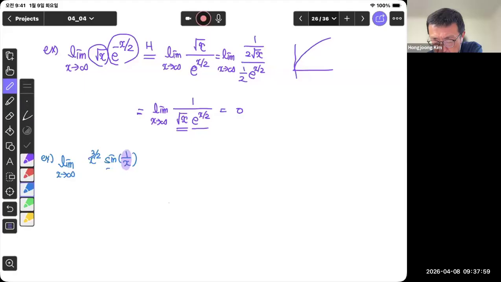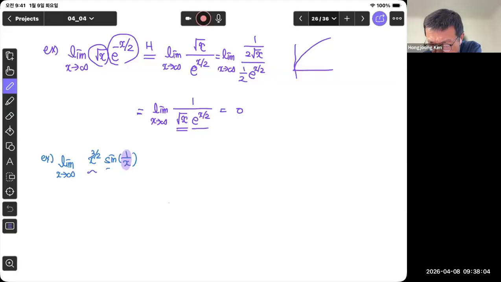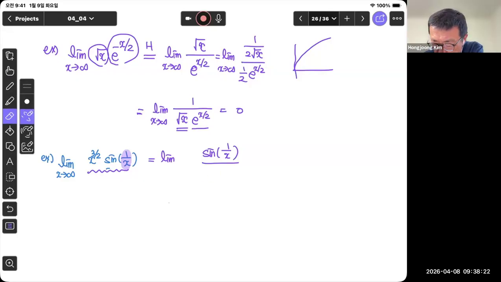due to this, I want to express this by sine 1 over x over x to the negative 1, which is 1 over x.